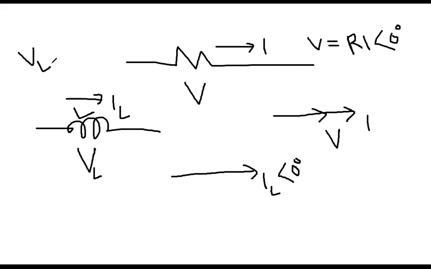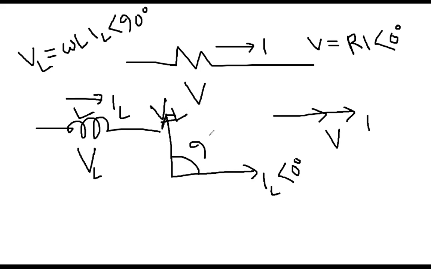We got that VL is omega L IL and it has a 90 degree angle, as in the slide that I was discussing. So how to plot that? Because it is 90 degree, you have to go anti-clockwise 90 degree. So this is VL, anti-clockwise 90 degree. So in this case, the conclusion is VL leads IL by 90 degree, or in other words, IL lags VL by 90 degree.